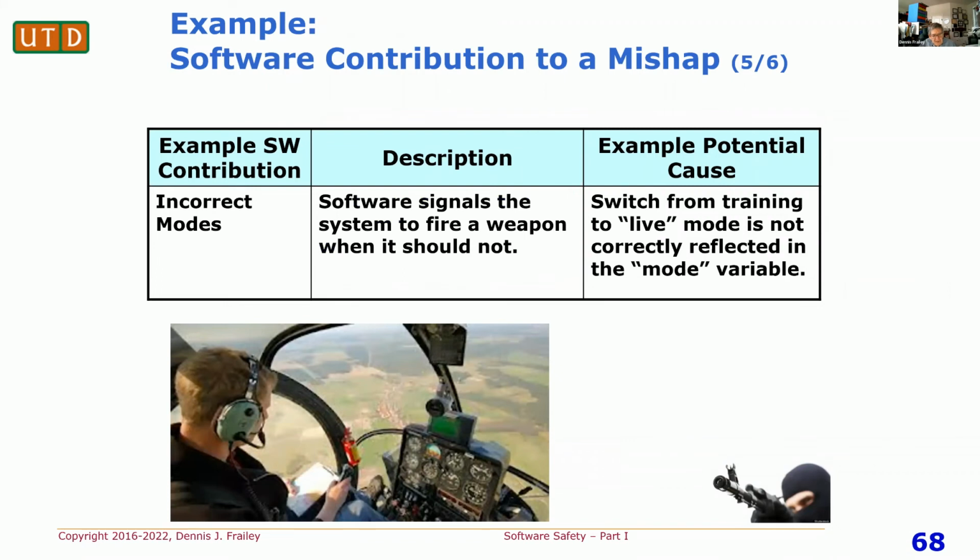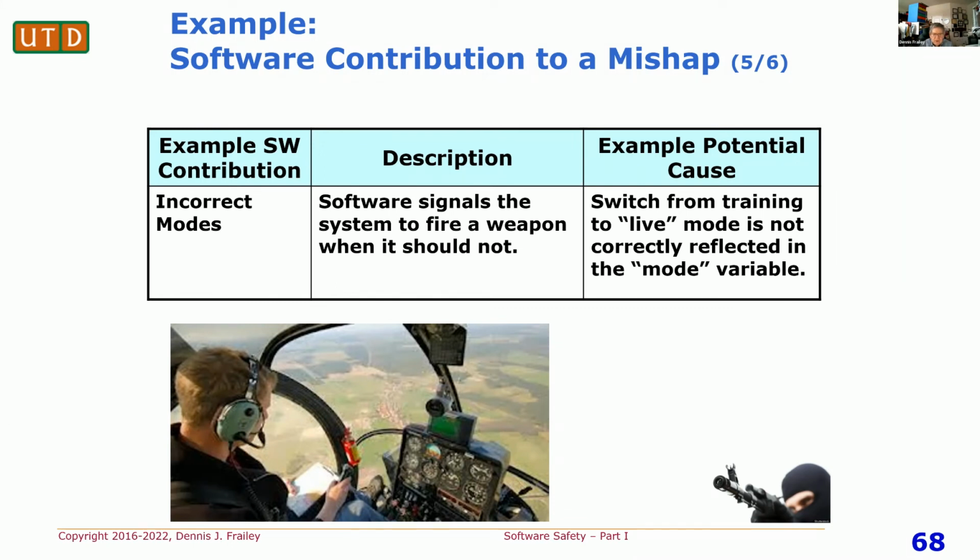Okay, incorrect modes. Now, this is one that I'm going to talk about today, and then I'm going to talk about again on Thursday. The idea here is that there are some applications that have different modes of operation. And the one that I'm going to use as an example is software whose function is both to operate a helicopter and to train people to operate a helicopter.